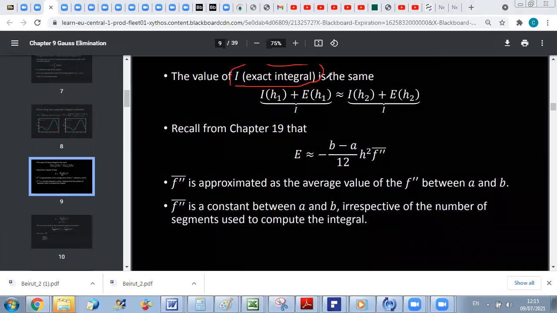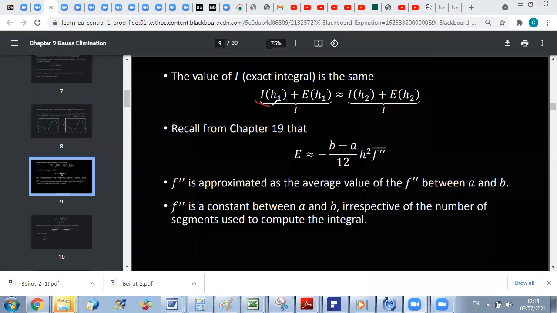I can write it as the approximation using h1 plus the error involved using h1, equal to the integration using h2 plus the error involved when we use a step size of h2.